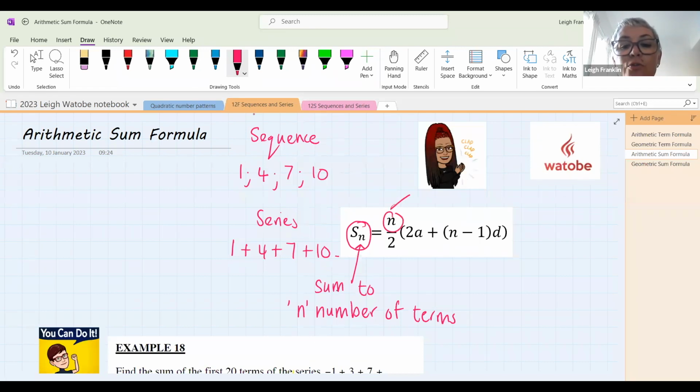N still refers to the position of the term in the series or the pattern. A still means the same thing. This is the first term, so term 1 or first term. N we've spoken about, and of course D is still our difference, our constant difference or common difference.